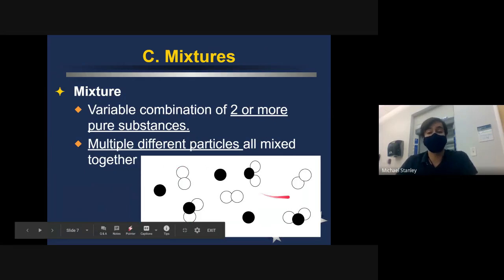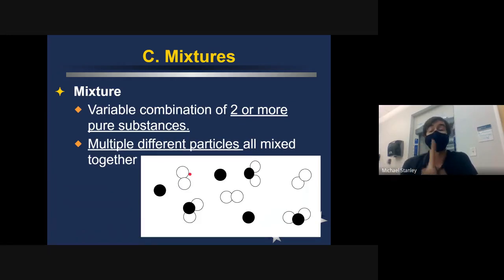So, for example, in this mixture down here, we have a black element and a white element, because remember, in order for it to be a compound, there have to be two or more different atoms.